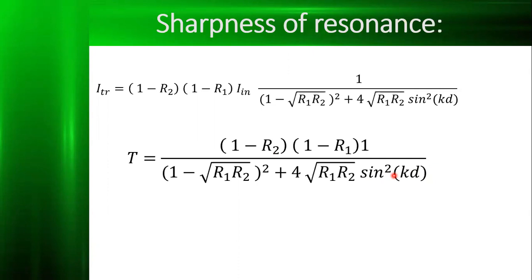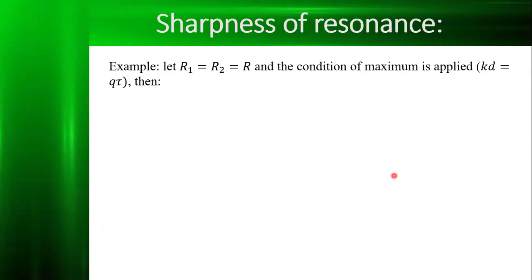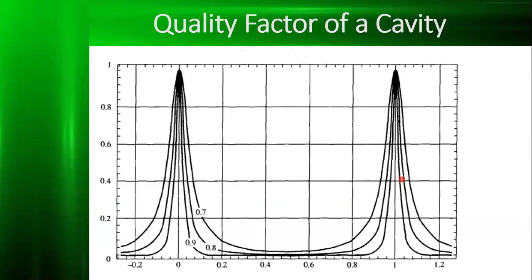So we need some way to evaluate the performance of these transmission curves. Here we are going to use the same procedure we usually use in communications, which is related to the 3 dB bandwidth and the quality factor.